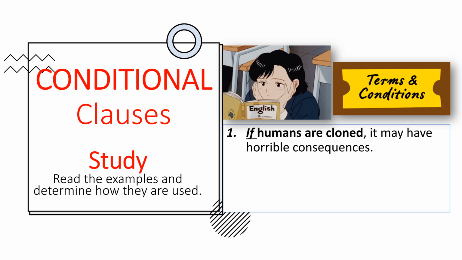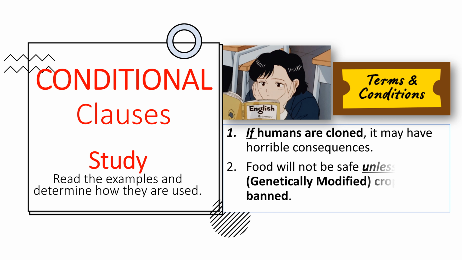If humans are cloned, it may have horrible consequences. Second example, food will not be safe unless GM or genetically modified crops are banned. So as you can see, we use here the conjunctions if and unless to signify a hypothesis or condition.